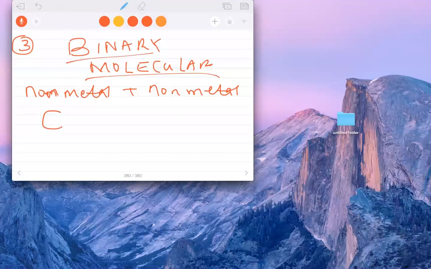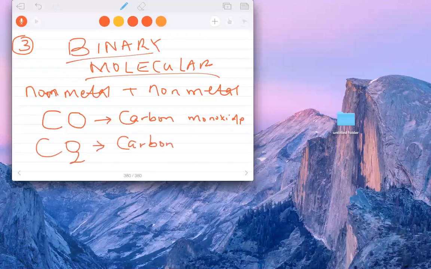For example, CO is carbon monoxide, and CO2 is carbon dioxide. Using these common compounds which you are familiar with, you know how to name them.